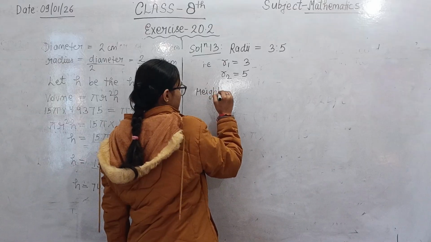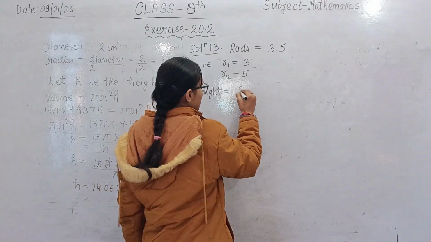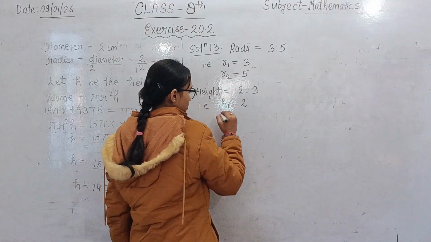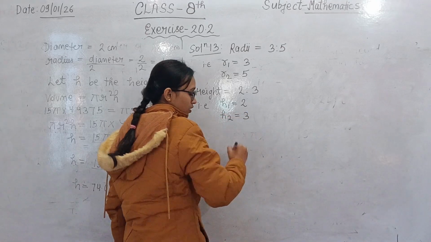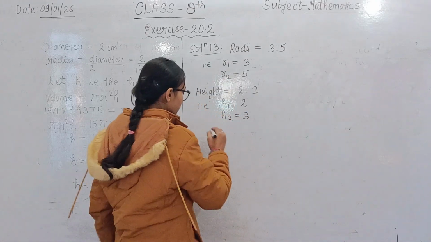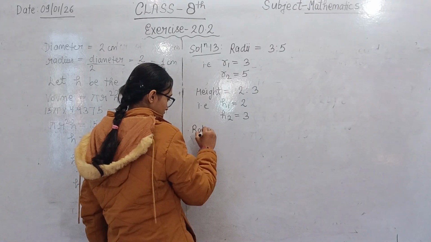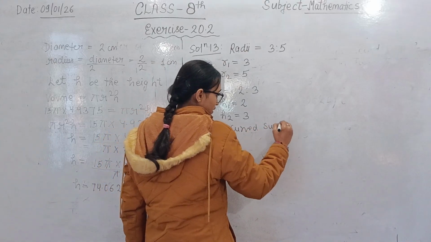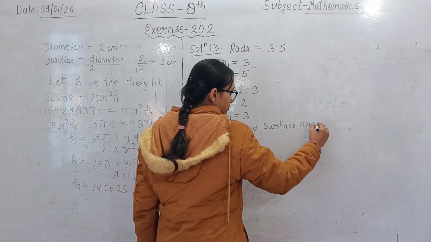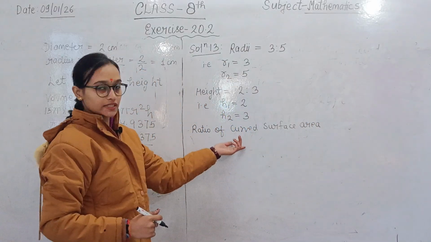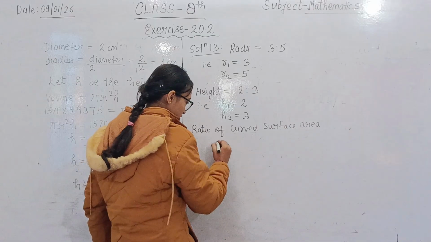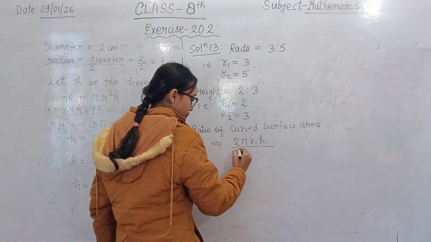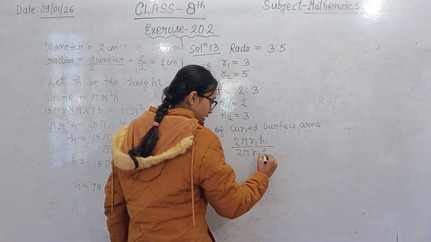Height is given as 2:3. We let h1 is equal to 2 and h2 is equal to 3. We have to calculate the ratio of their curved surface area, and we know the formula of curved surface area is 2 pi R H. So we will write it as 2 pi R1 H1 upon 2 pi R2 H2.